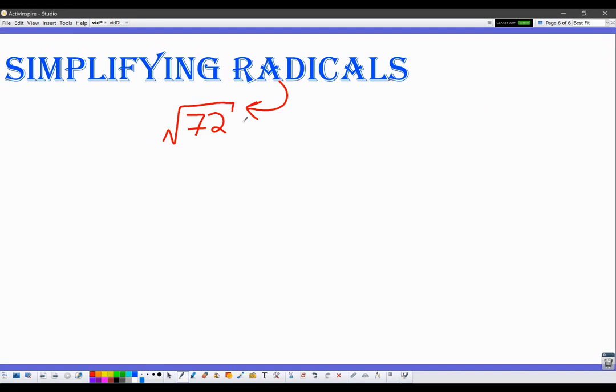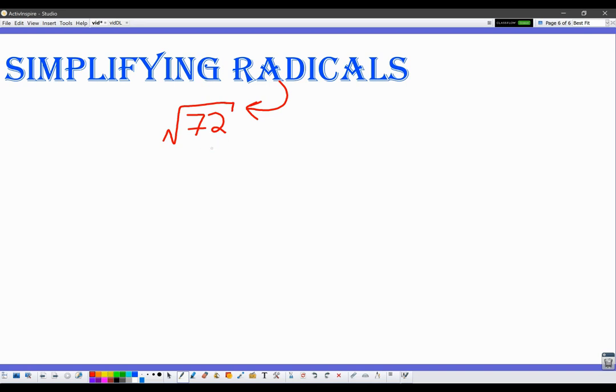So the radical would be like the entire object. The square root is the operator, but the radical would be the whole package. So to simplify this, simplify means I'm going to try to get the number inside the radical to be as small as it can be.